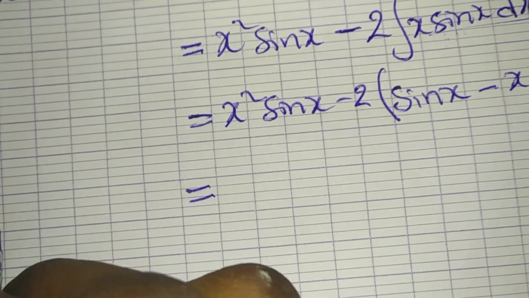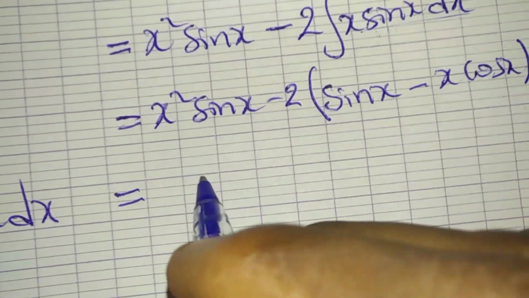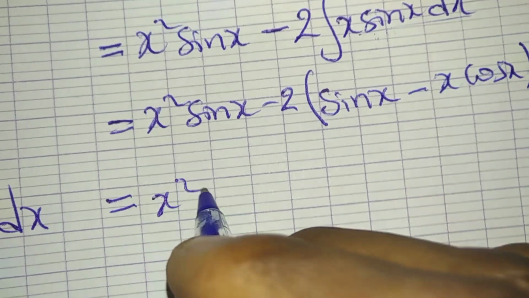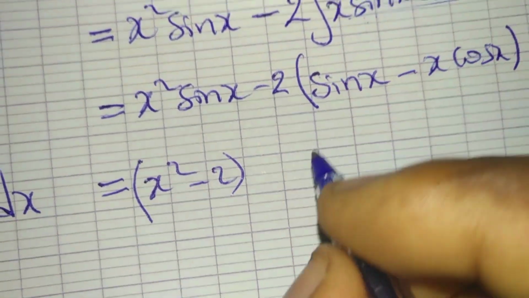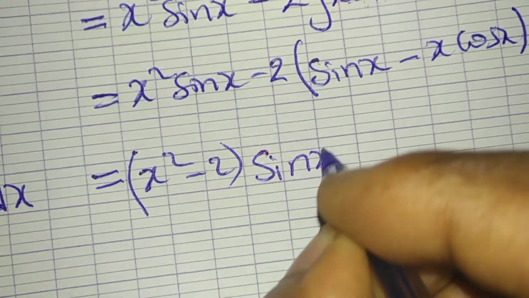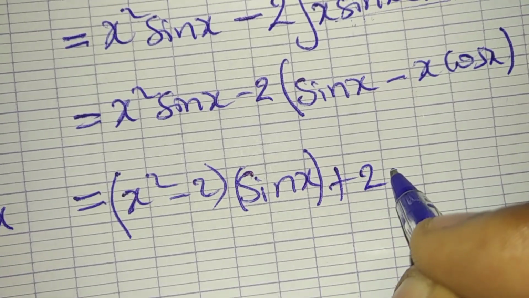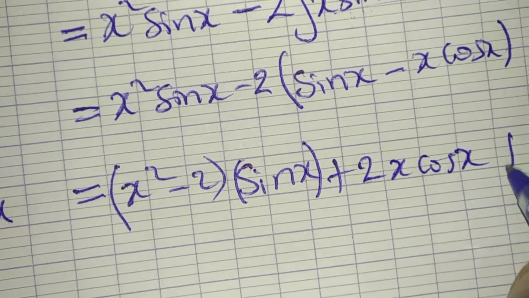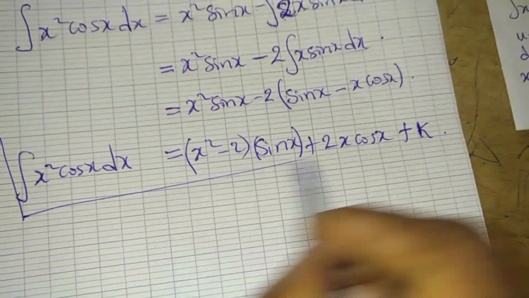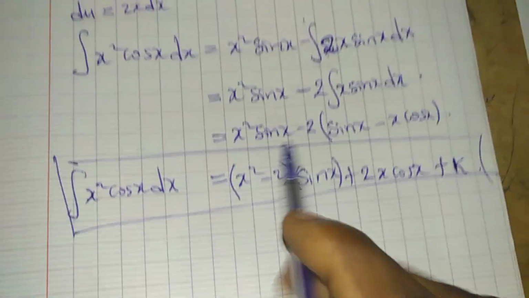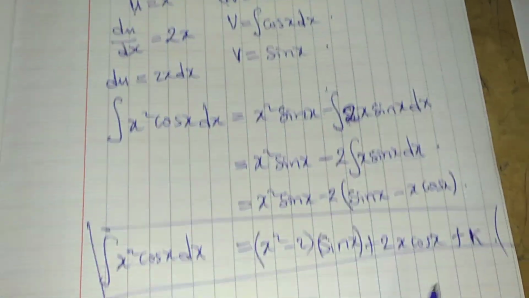And so the integral of x squared cos x dx will now be equal to x squared minus 2 times sine x, then plus 2x cos x, then now plus the constant of integration. So this is it for the integration of x squared cos x dx.